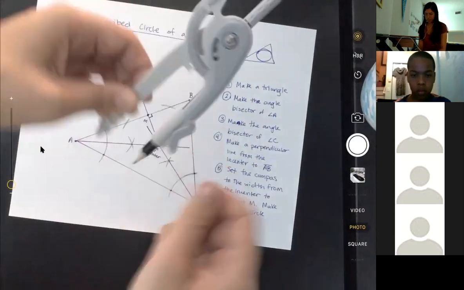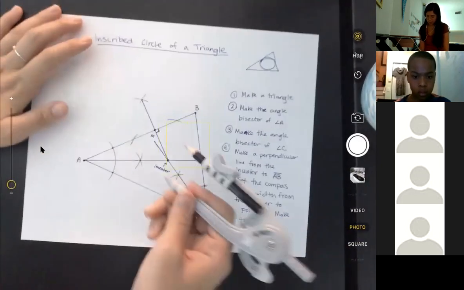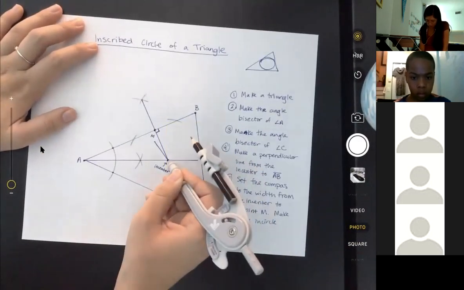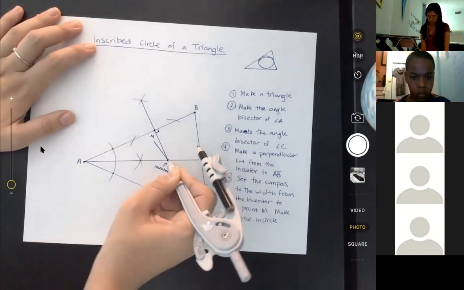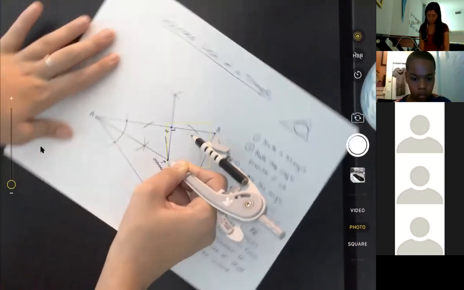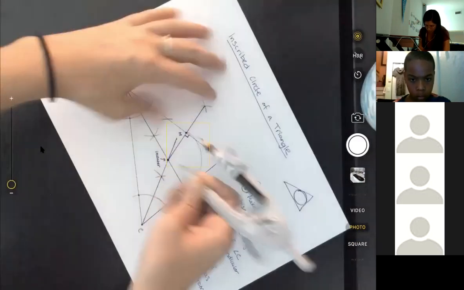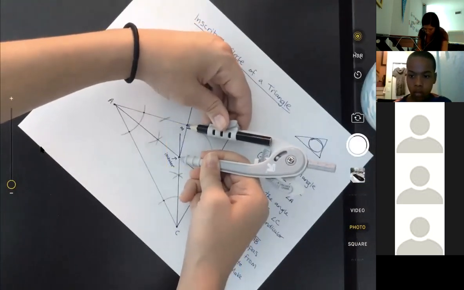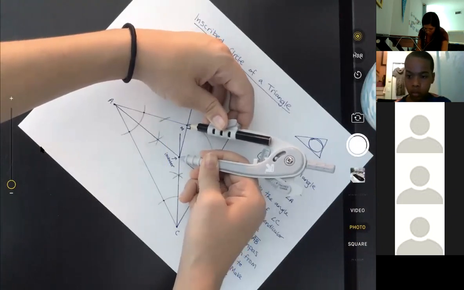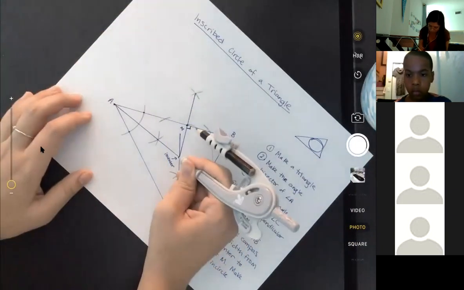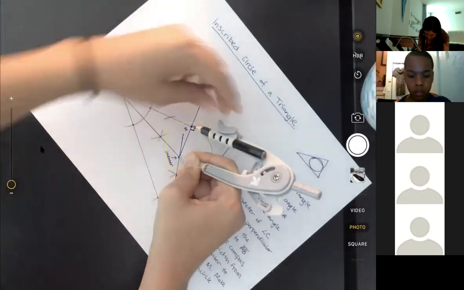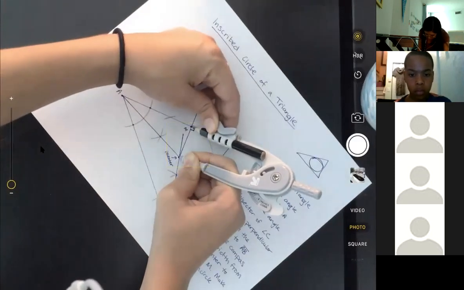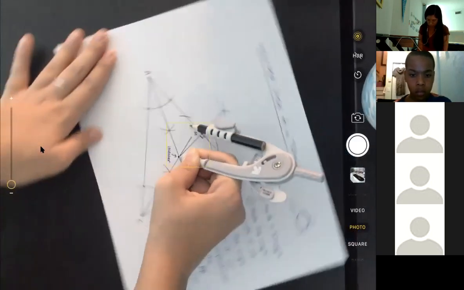So let me move things around. Okay, ready? Let's hope it worked, guys. It didn't work last time, if you remember. Let's see if it works this time. Oh, hold on. My compass widened a little bit. Uh-oh. There we go. Okay, let me try again. No, why is it still wide? It's too wide. There we go. Okay.